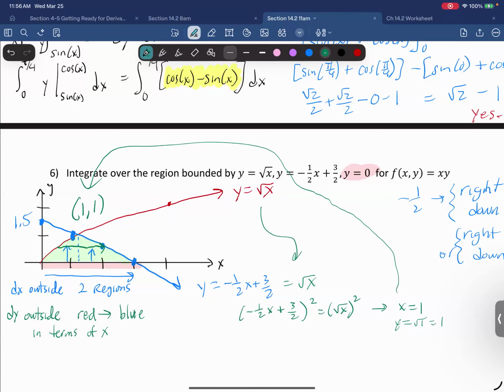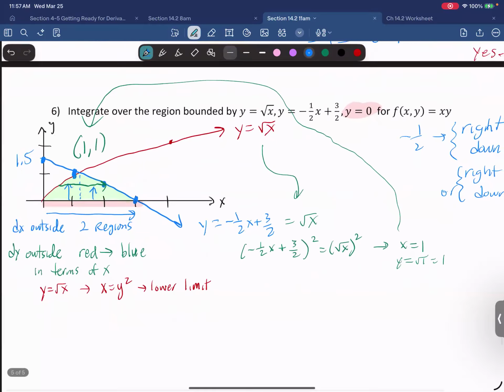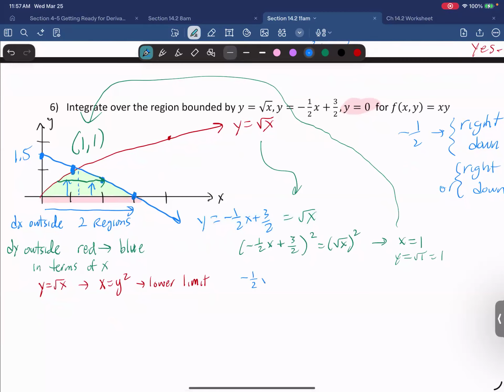So the red line, if I solve for x, I get x equals y squared. And that looks like my lower limit. It's the one on the left. My blue line is negative 1/2 x plus 3/2 equals y. And I want to solve for x. I think it's easiest to multiply by 2 on both sides first.